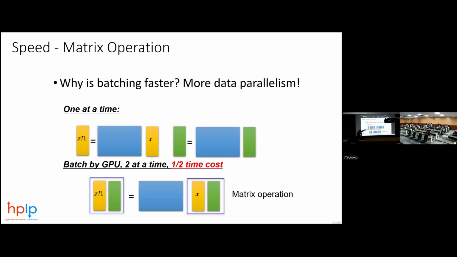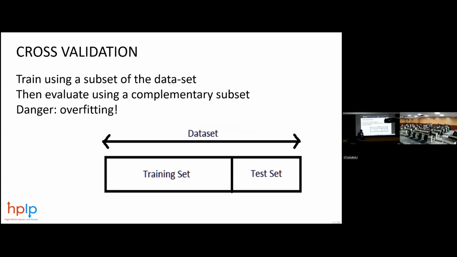If you do one at a time, you go through this process for each batch. But if you do 2 at a time, it takes the same amount of time, but you compute twice as much.